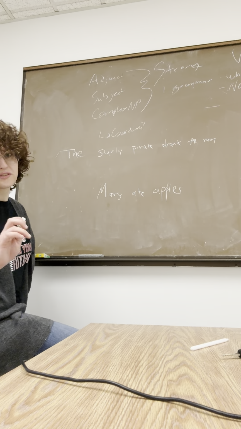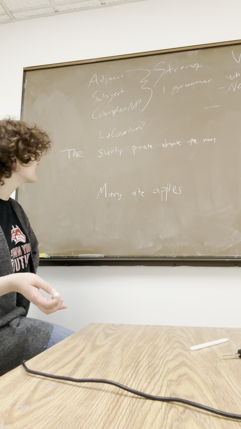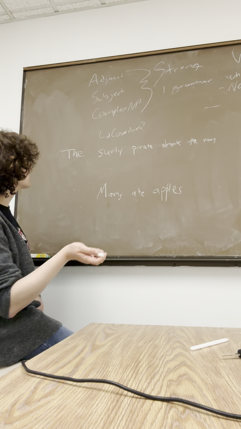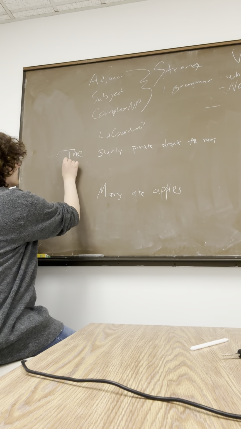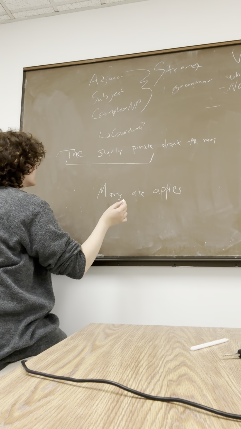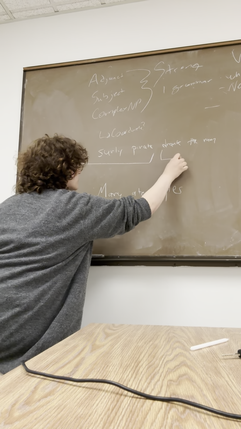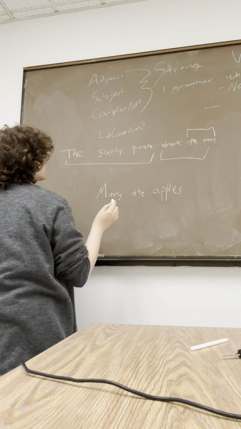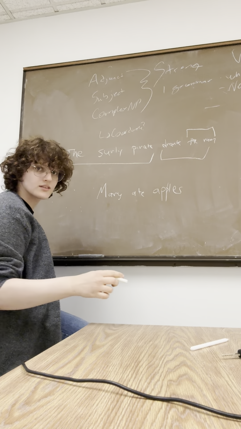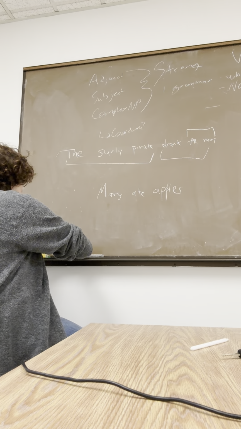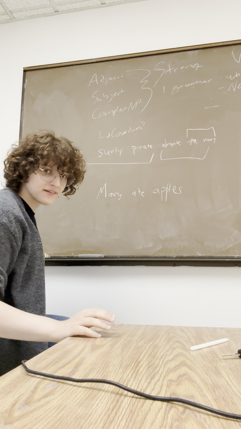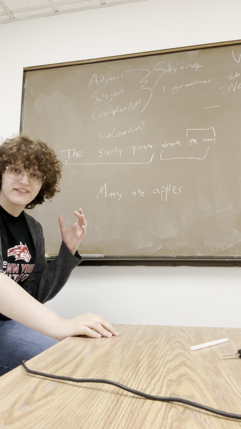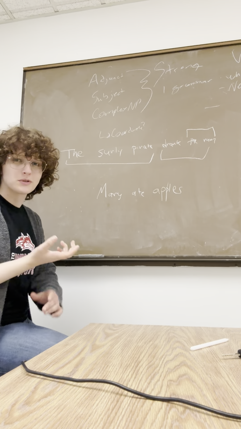I'll just give you the answers first, and then we'll work our way backwards. So the constituents that I can see are the surly pirate, drank the rum, and the rum. Going based off of intuition, I'll say those again, and you'll be able to understand intuitively that those are individual units of the sentence.